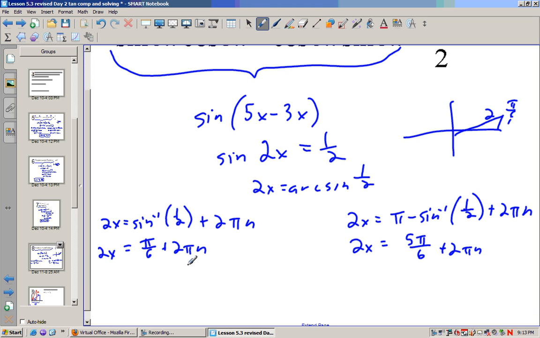If I divide by 2 on both sides, x is going to be pi over 12 plus pi n. And over here it's going to be x is 5 pi over 12 plus pi n.